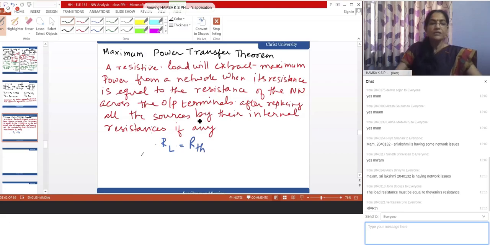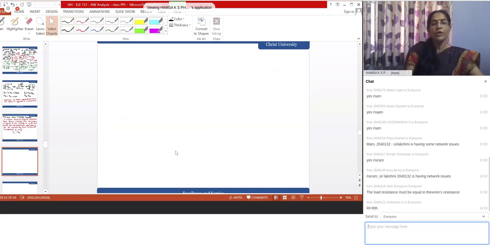Okay, now let us take a circuit. So any circuit, what is the first step? First step, when we are applying maximum power transfer theorem, will be to calculate the RL value.